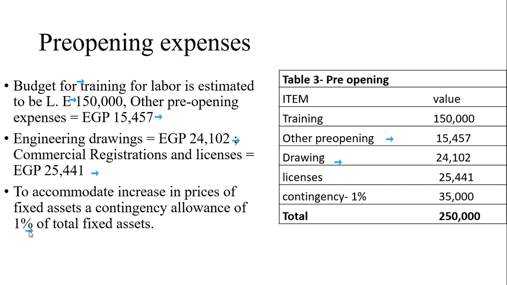We have a 1% backup, and the backup means that I have to avoid any increase in prices. So I keep 1% of the fixed assets. What do you mean by 1% of the fixed assets? I know that the fixed assets are 3,500,000. Okay, 3 million.